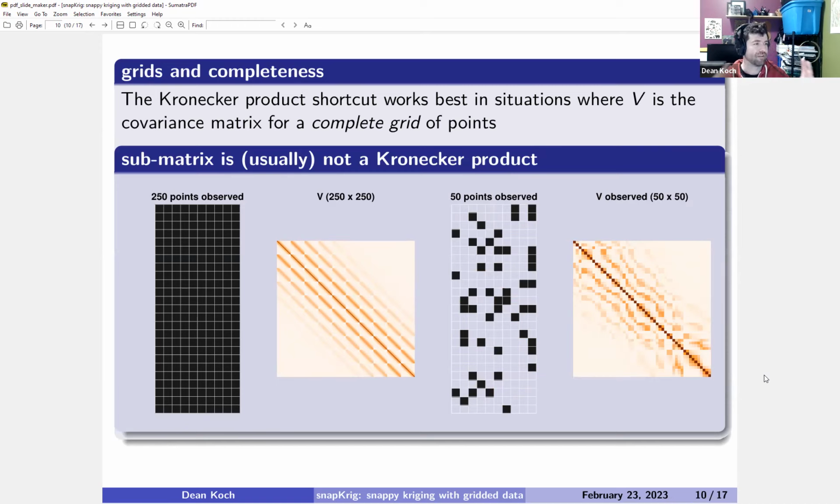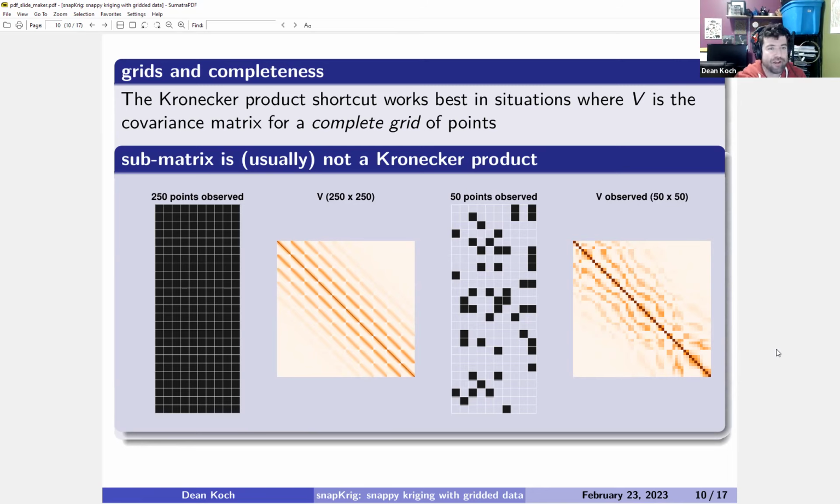So our data might live on a grid, but it's not a complete grid because there's one or two observations missing, or maybe a few more. It actually doesn't matter how many observations are missing. As soon as you have any missing data at all in your grid, you will most likely lose that Kronecker product structure. And so I have another visual example here to illustrate that.